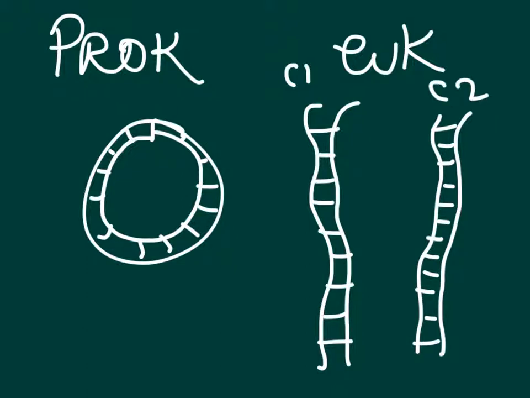In a prokaryote, there is one single circular chromosome. That's all any prokaryotic cell has, is one single circular chromosome. And it's really that simple.